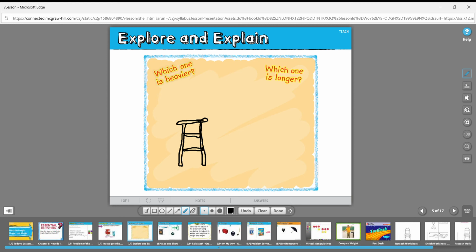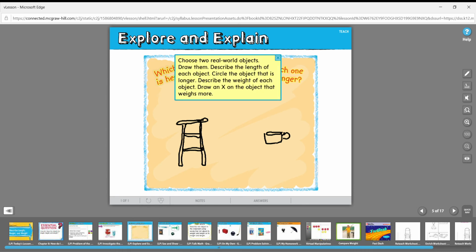Another object that's in my kitchen is a coffee cup. So I drew two objects: the stool that we sit at the kitchen island, and a coffee cup. Now the next thing to do is circle the object that is longer. Ooh, interesting. Okay, so the object that is longer.